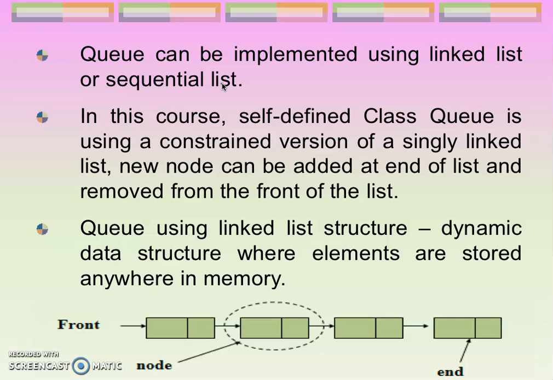Okay, so in this course, the self-defined class queue is using a constrained version of a singly linked list, in which a new node can be added at the end of the list and removed from the front of the list. Okay, so untuk subjek kita ni CSC 248, since we know that we have three types of linked list, singly, doubly, and circularly linked list, right?